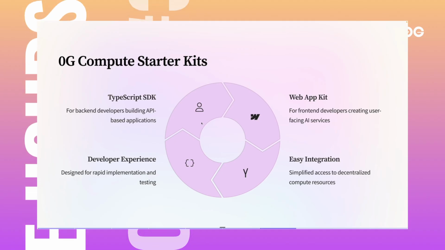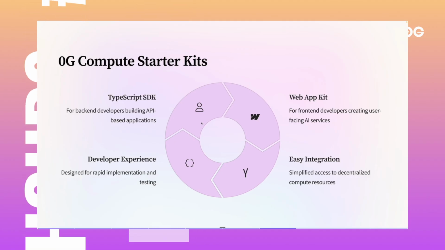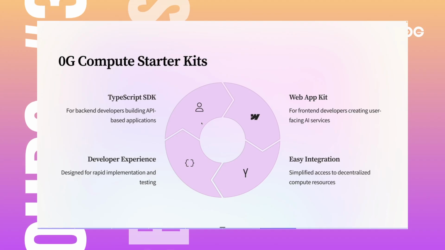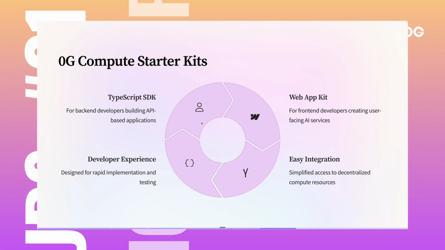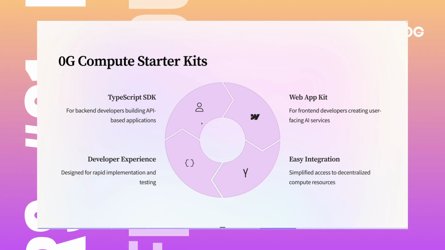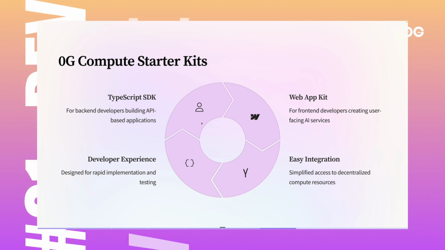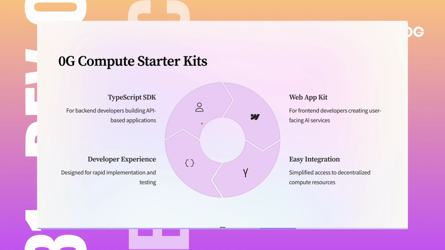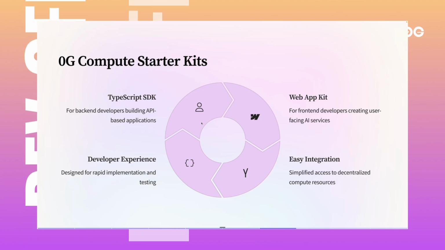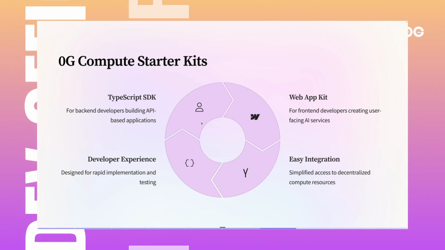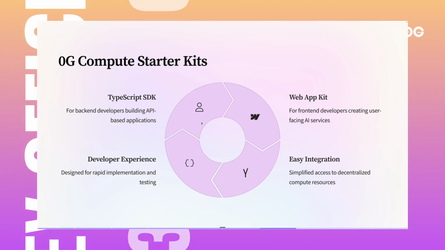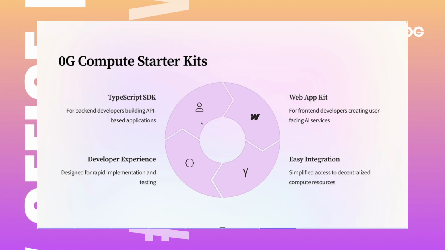Since it has all the hooks that you necessarily need, you can just use the hooks and get started with the SDK. Even the S3 SDK doesn't have any hooks. You need to write your own function, but the zero G storage has everything you need to get started.